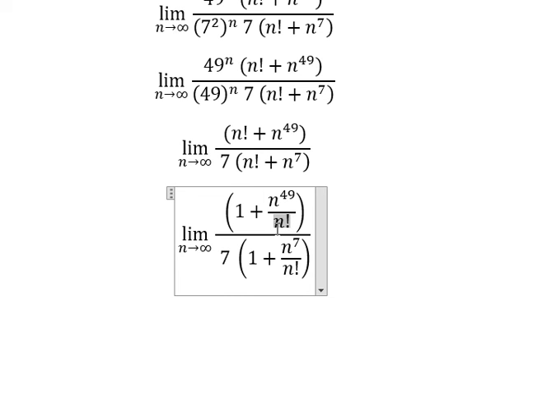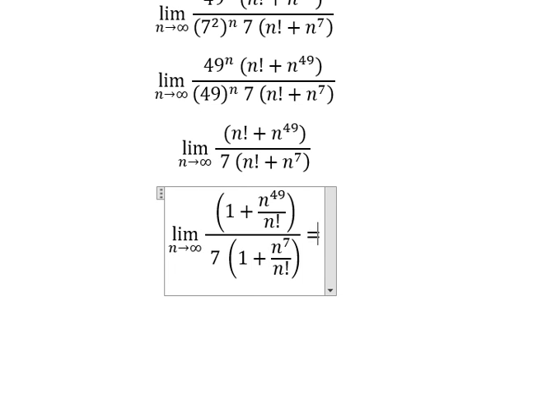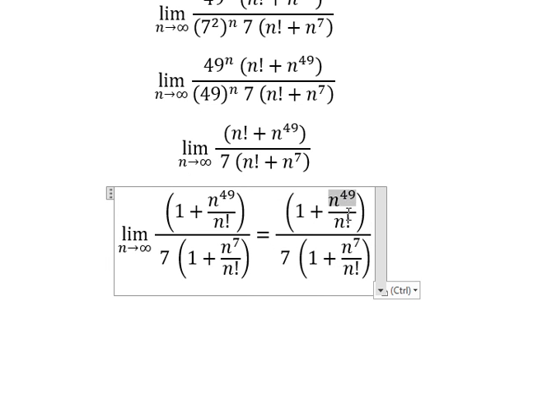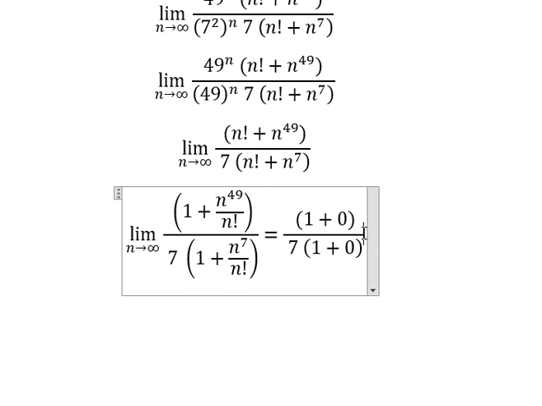However, if we know that when n goes to positive infinity, they create more factors than n to the power of 49. So this one you got 0. This one you got 0. And now we have the final answer in here. And that is about 1/7.